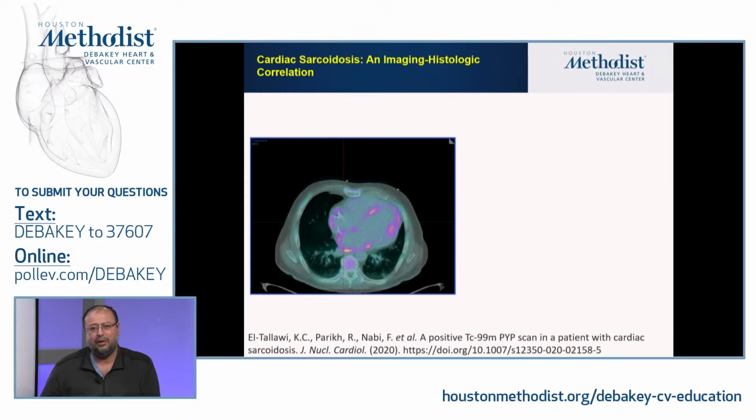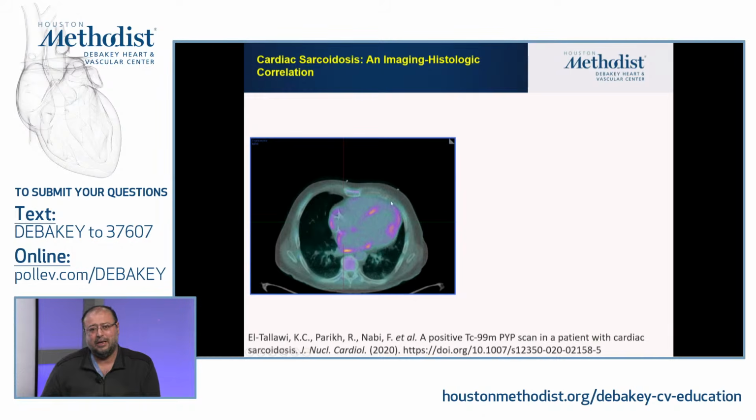It is more for inflammation. And there have been multiple patterns of inflammation that could give you FDG uptake, and that's why sometimes we do need a tissue biopsy, whether cardiac or non-cardiac, that's a different story, to identify the final diagnosis.